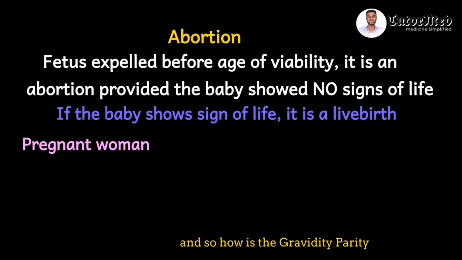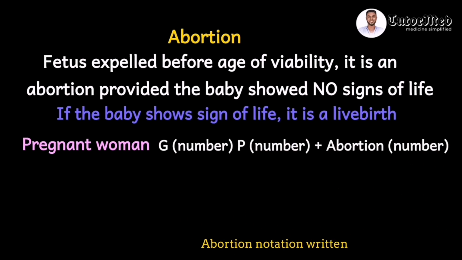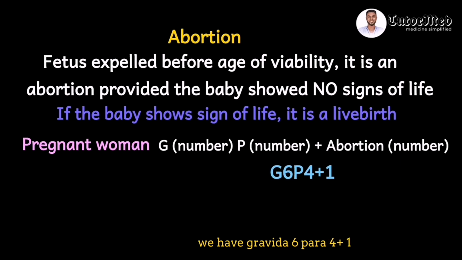And so, how is the gravidity parity abortion notation written? For a pregnant woman, it is the gravidity with its number, parity with its number, plus abortion with its number. For example, we have gravida 6, para 4, plus 1.